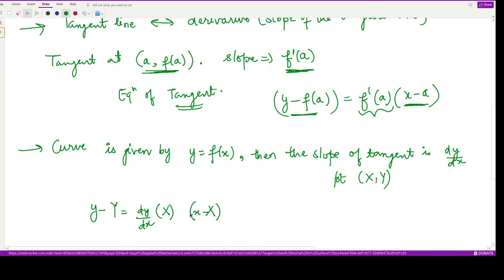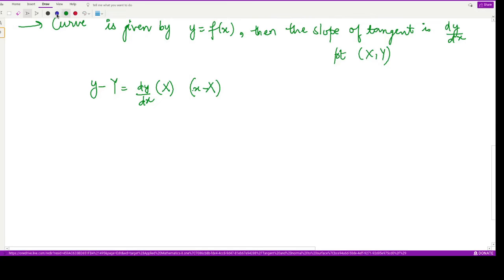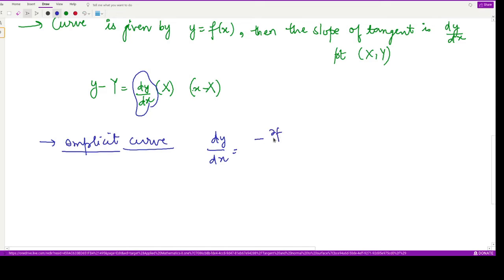And if the given curve is an implicit curve, we have just seen for an implicit curve or function what the value of this derivative is. This derivative dy by dx is equal to minus the partial derivative with respect to x of the function f, because your function f of x, y is given to be some implicit function, divided by del f by del y.